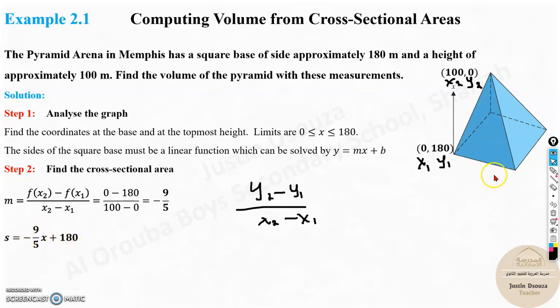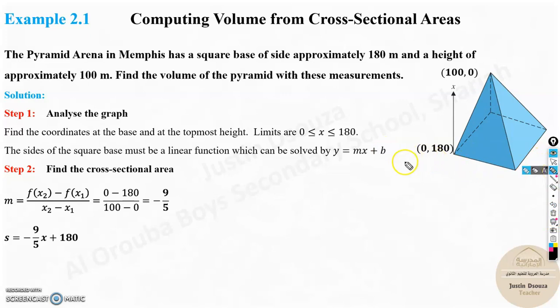But what about this 180? This is the intercept, the y-intercept. When do you get the y-intercept? When the first value is 0, isn't it? There are other methods to solve, but since it is directly given over here, just see that the first value is 0, and whatever is the answer, that is the y-intercept.